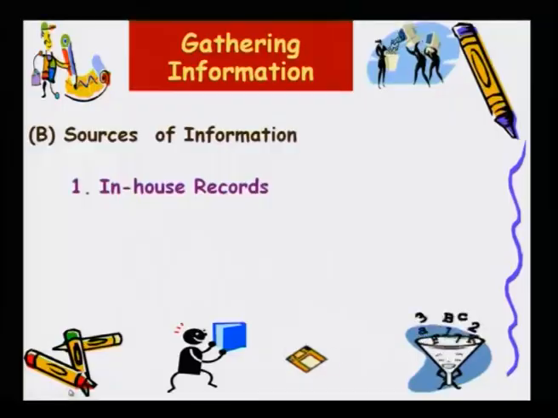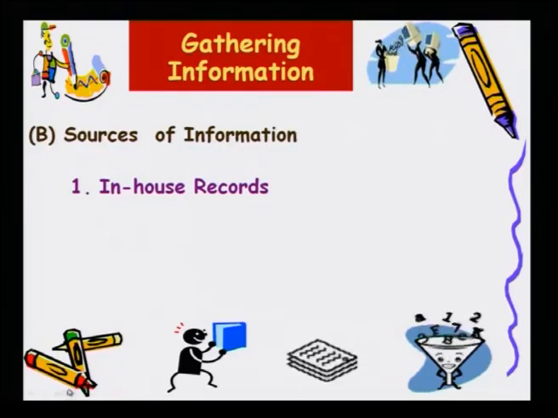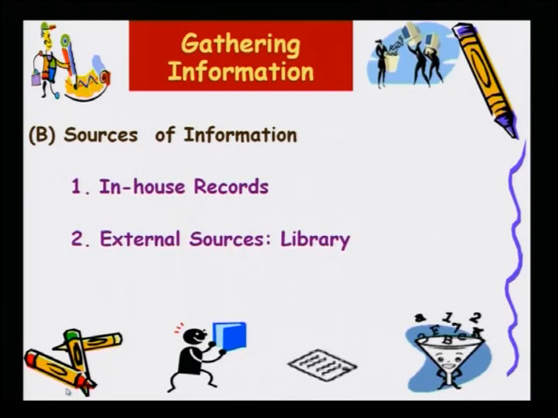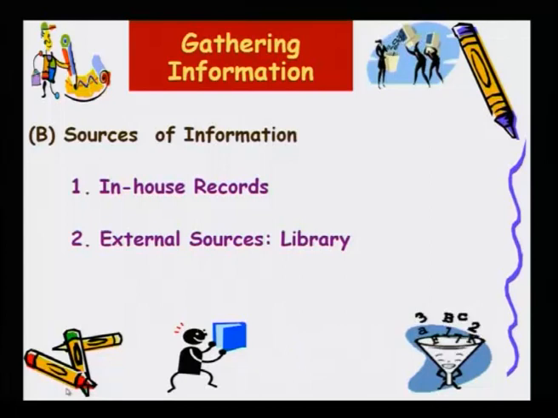And in terms of collecting sources of information, people generally rely on 3 basic sources. The first one is in-house records, or you can call it internal materials, which are available within the organizational network. The second one is depending on external sources, particularly the library, so collection of materials from the library.